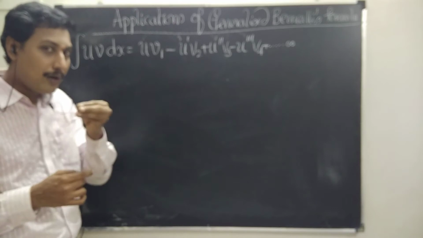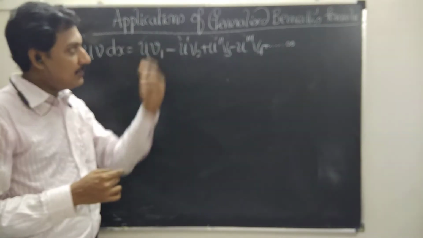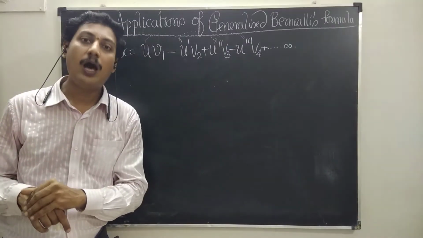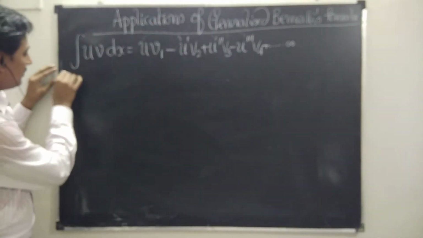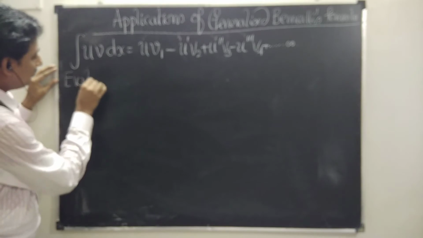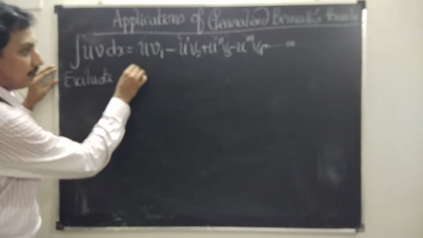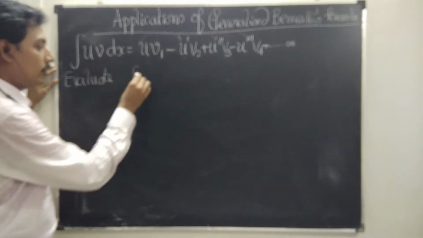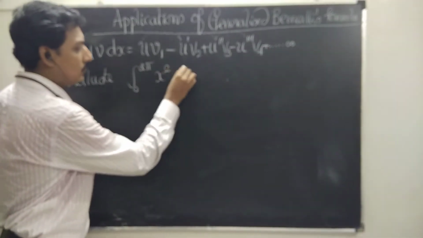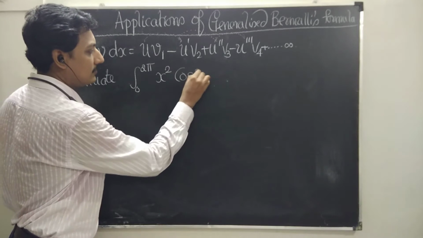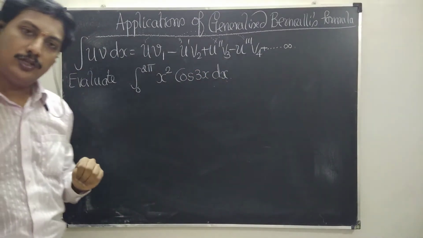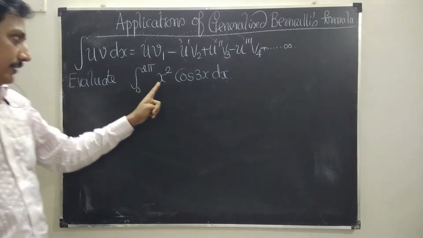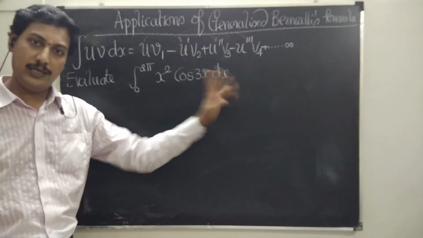Let us see some problems with the help of the generalized Bernoulli formula, how we are going to evaluate it. My question is here: evaluate integral 0 to 2 pi x squared cos 3x dx.